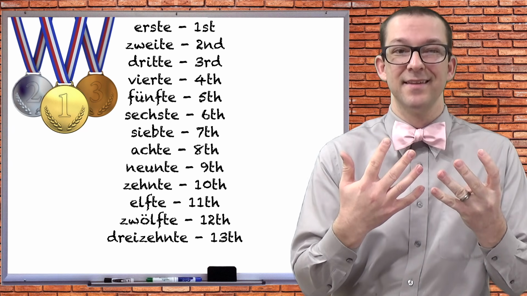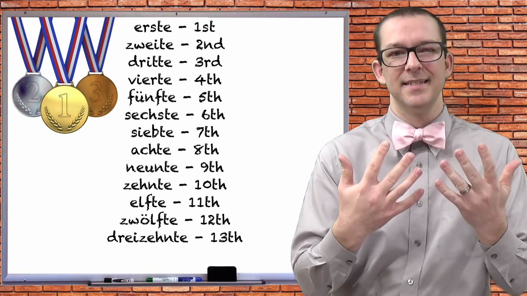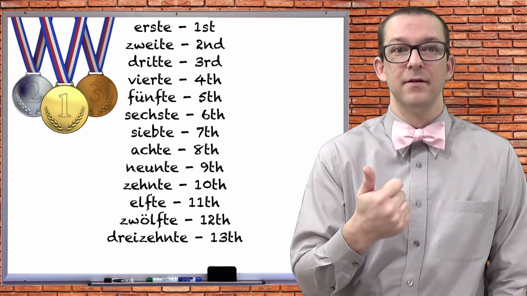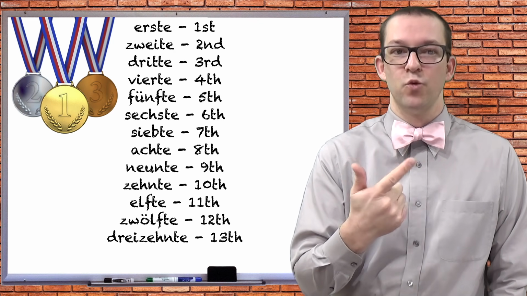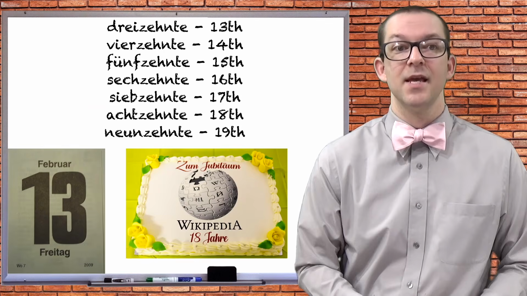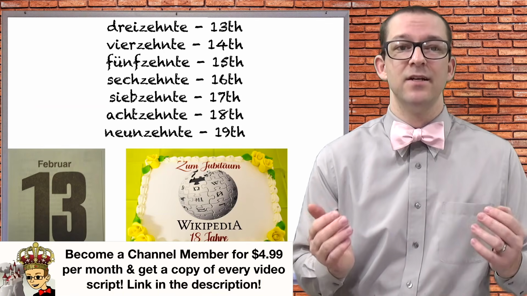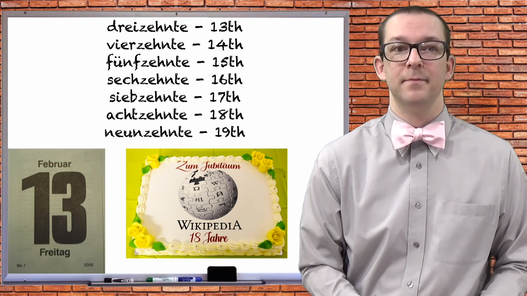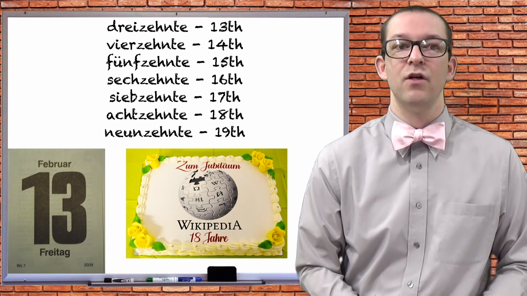Neunte, ninth. Zehnte, 10th. Elfte, 11th. Zwölfte, 12th. Dreizehnte, 13th. Since the numbers 13 to 19 all end with 10 in German, you have the same exact ending for each of them. Dreizehnte, 13th.